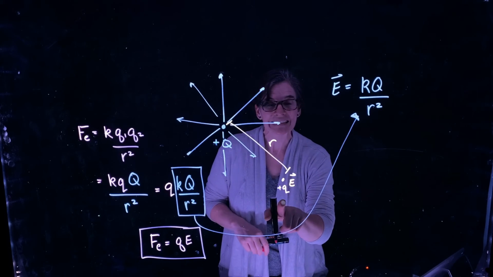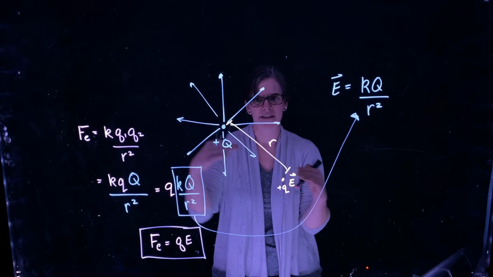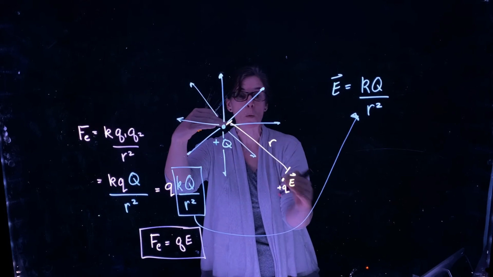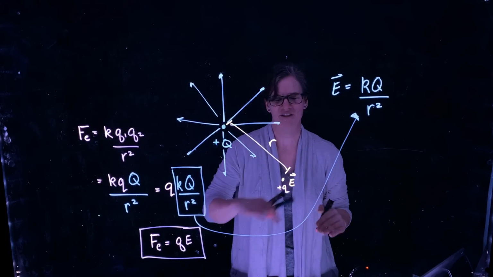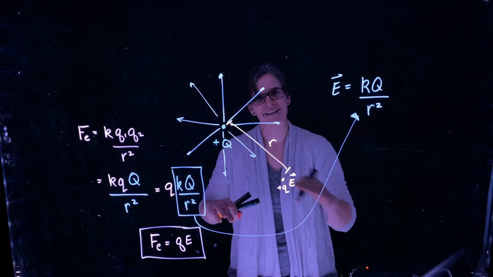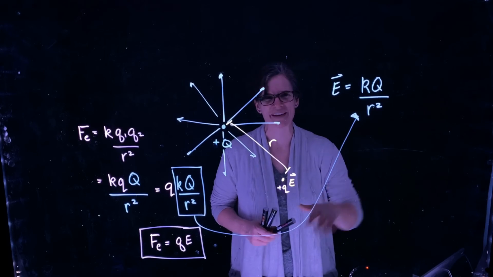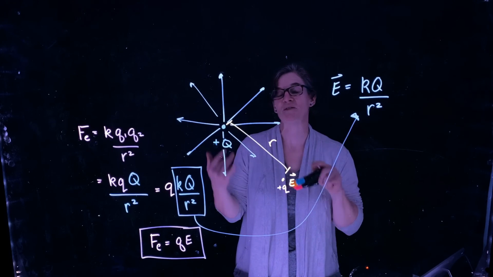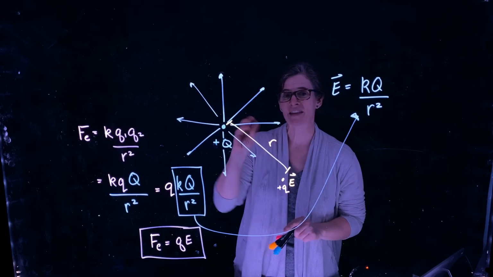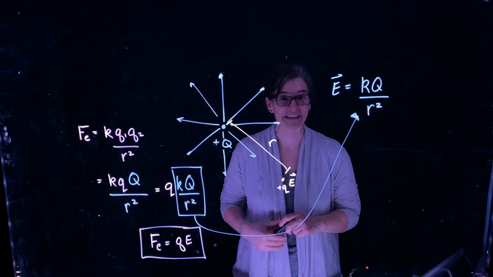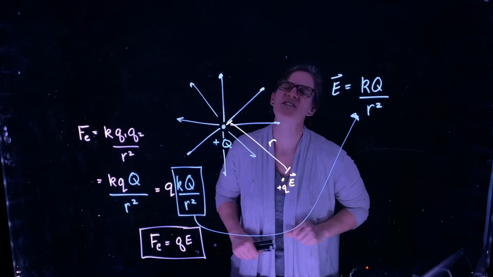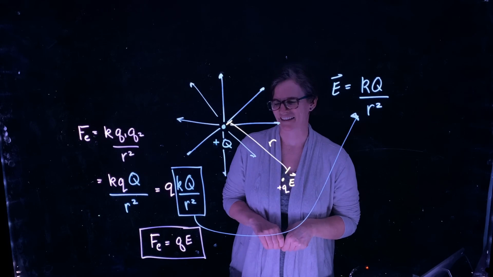If q is negative, they would attract each other. Attraction would be towards the charge creating the field, which would be opposite the electric field. But that's elucidated much better in its own mini lecture on the direction of the force charged particles feel in an electric field.